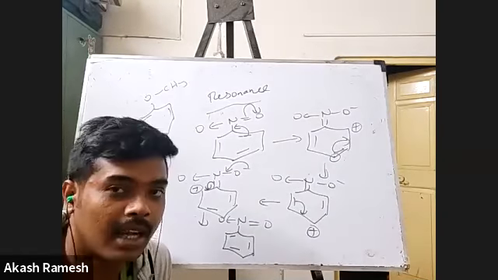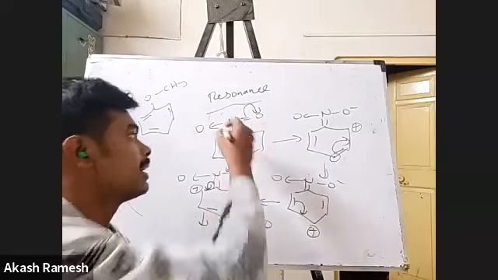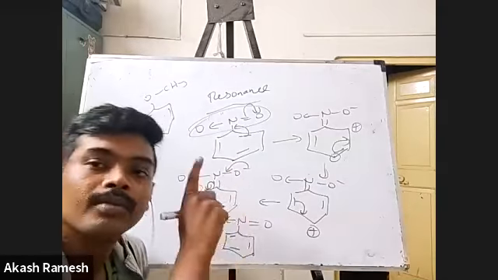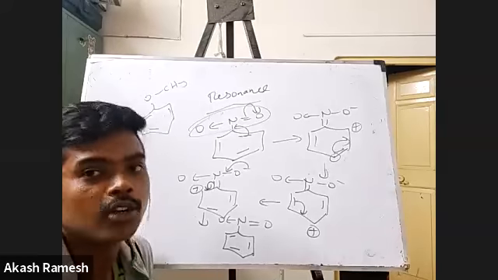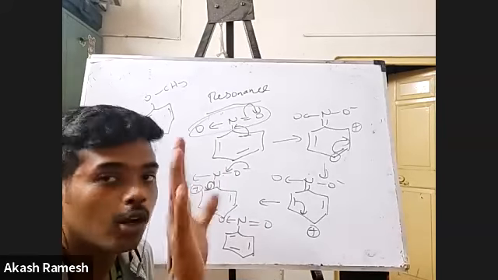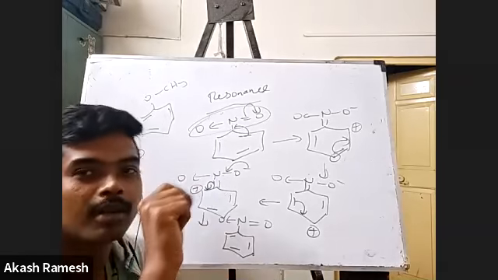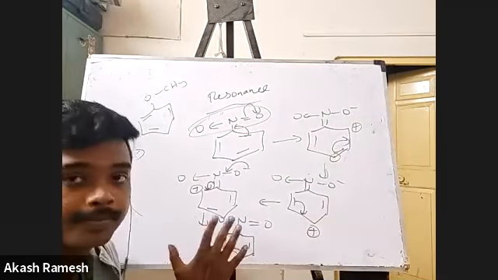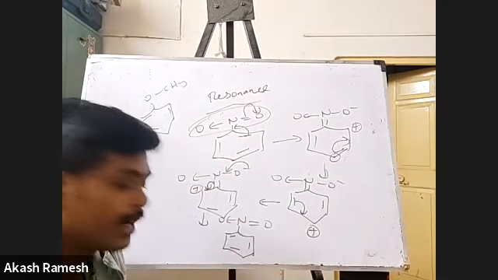Please understand, if the group attached to the benzene ring has a lone pair, then it is going to be an electron donating group. If it doesn't have any lone pair, then definitely it is going to be an electron withdrawing group. And these kinds of structures are what you will get. Go for it. Take benzaldehyde.